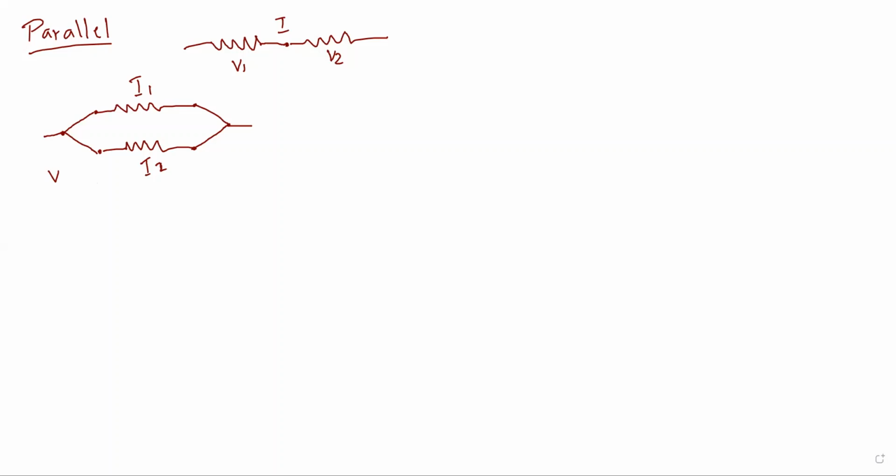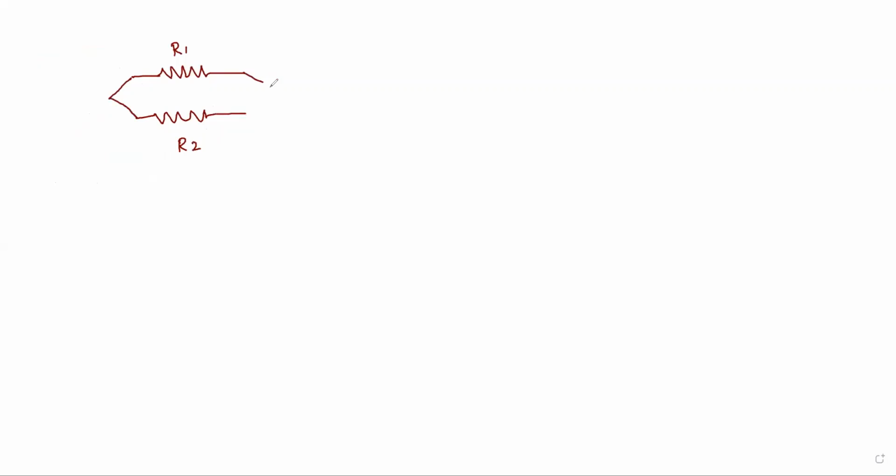So now let us consider two resistors R1 and R2 which are connected in parallel combination. So this is the resistor R1 and this is the resistor R2. Now it is connected in a parallel combination.